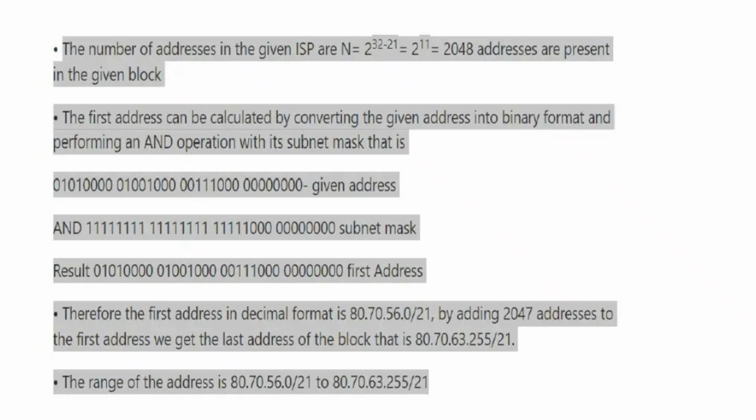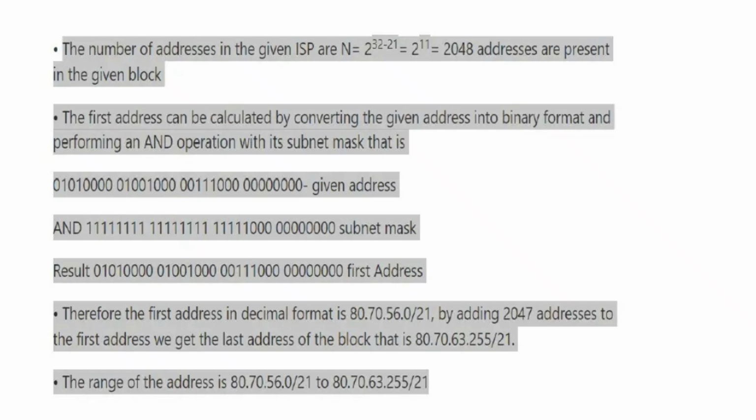Therefore the first address in decimal format is 80.70.56.0/21, and adding 2047, because the total number of addresses is 0 to 2047. Actually 2048 addresses are there. It ranges from 0 to 2047.